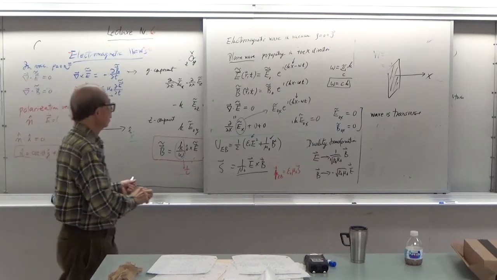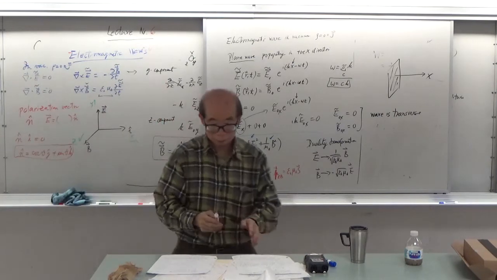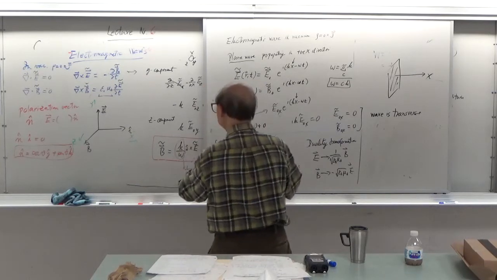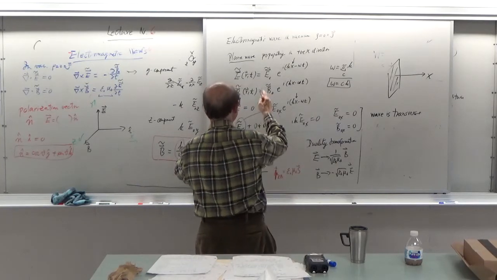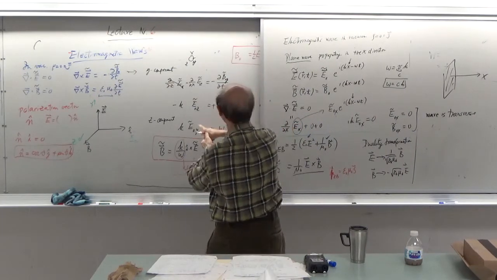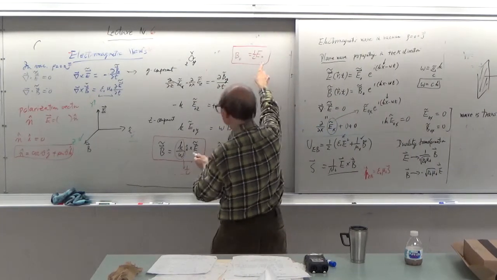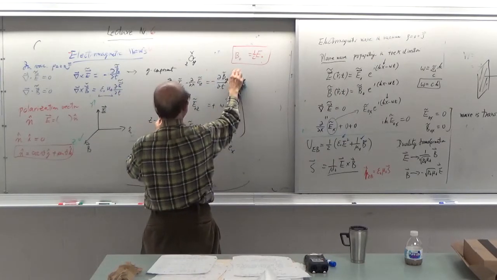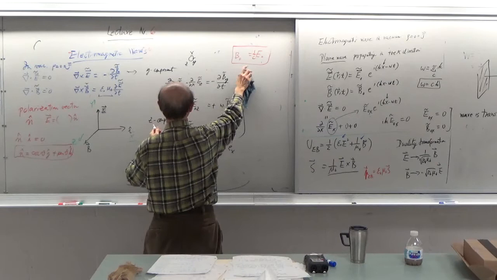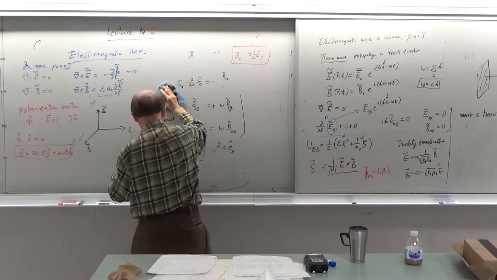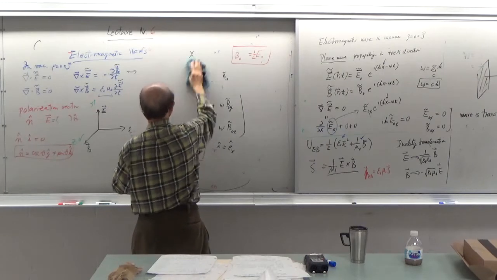Let's now go right away to the real wave function form for the electric field E and B. The amplitudes are related in this fashion.